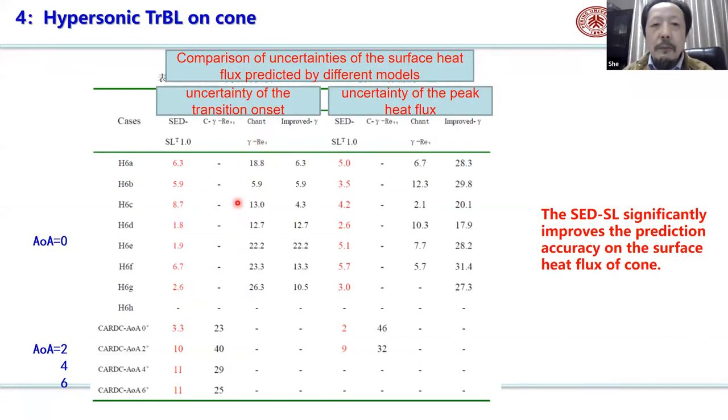Of course, the original mental model does not work for the cone at all at hypersonic speed. The improved one took a lot of effort, and people have communicated with us, but it still has error bars much larger, on the order of several dozens, and ours is generally below 10.